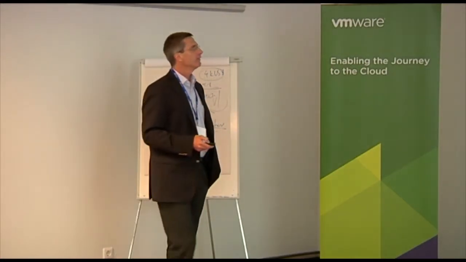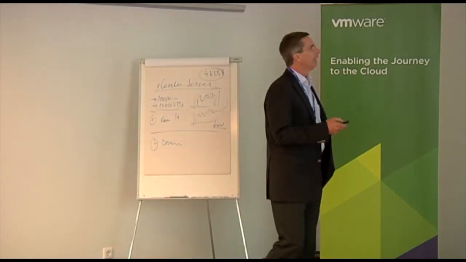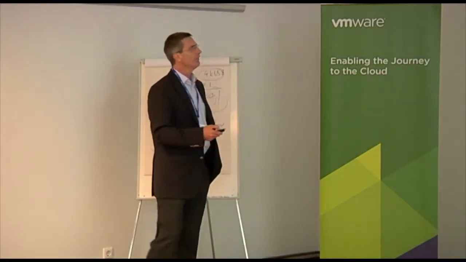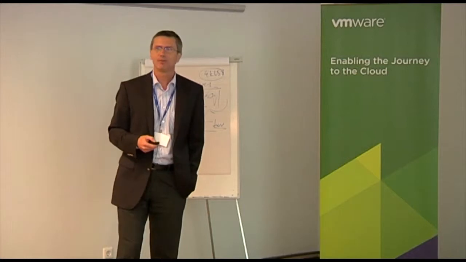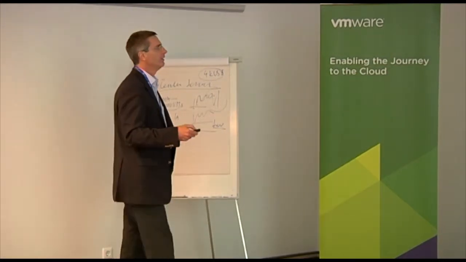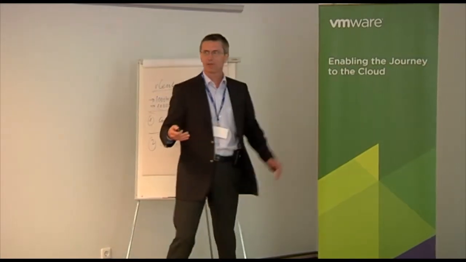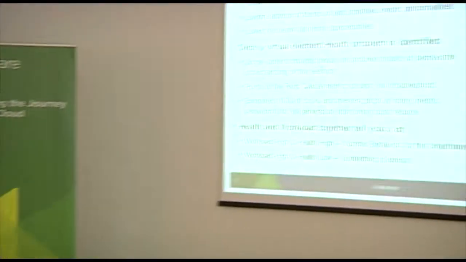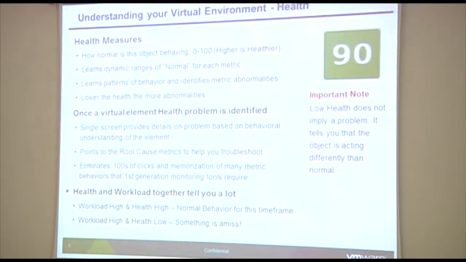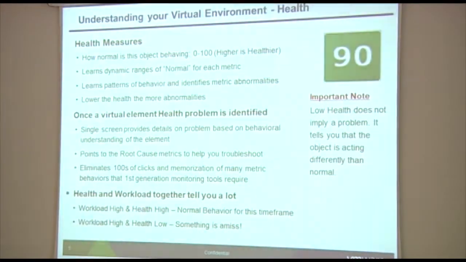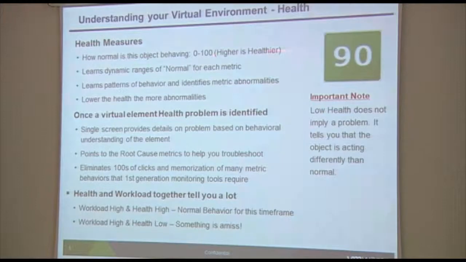Then there is health, which is a different thing. It gives you an overall feeling about your infrastructure, whether things in total are okay, or you had better start looking for where you have a problem. Again, 100 is super healthy, and 0 is kind of sick.